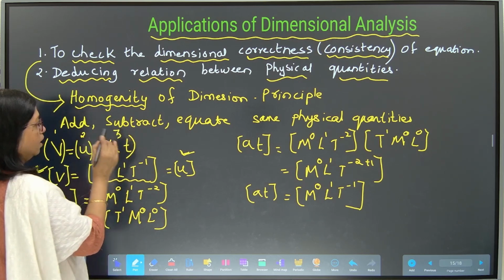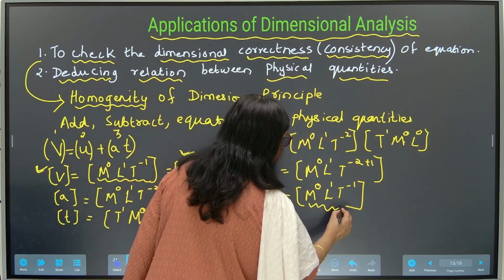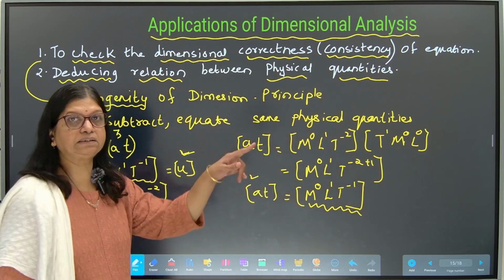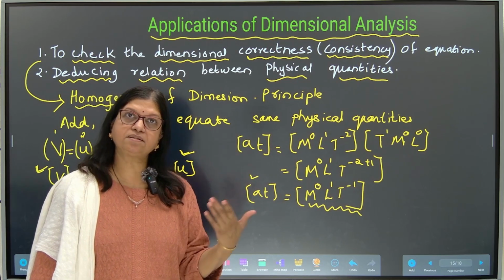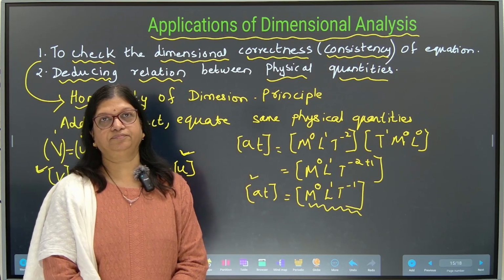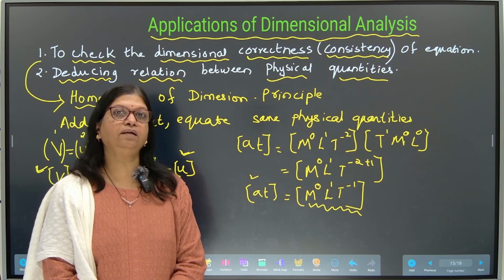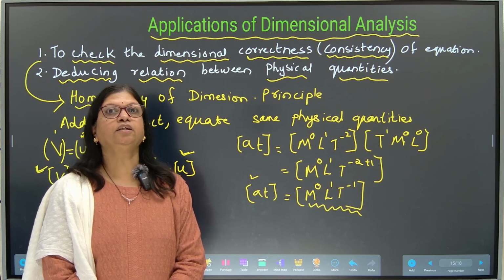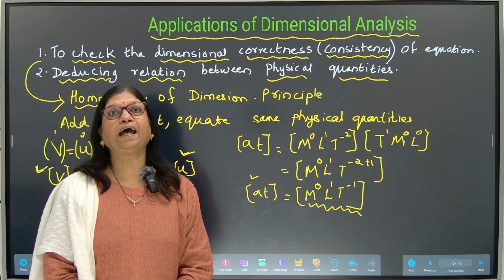Our third term, which is AT, also has the dimensional formula of velocity itself. So our equation is correct. Agreed? Yes, am I clear?